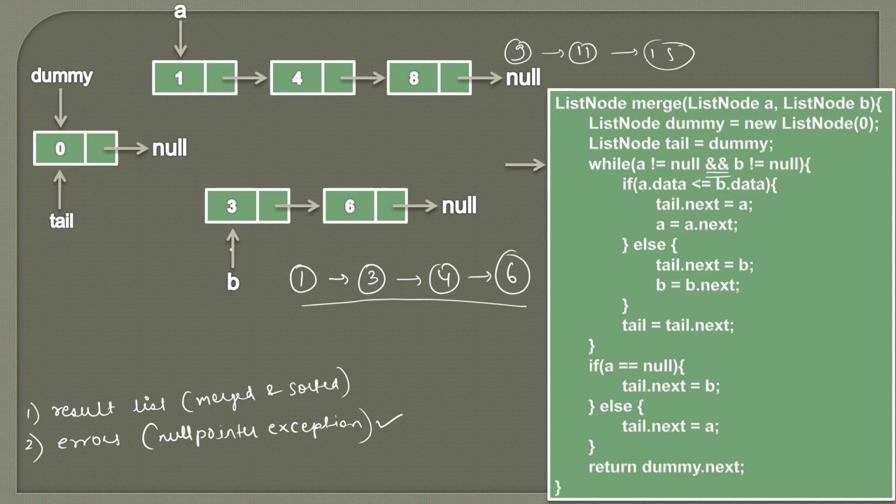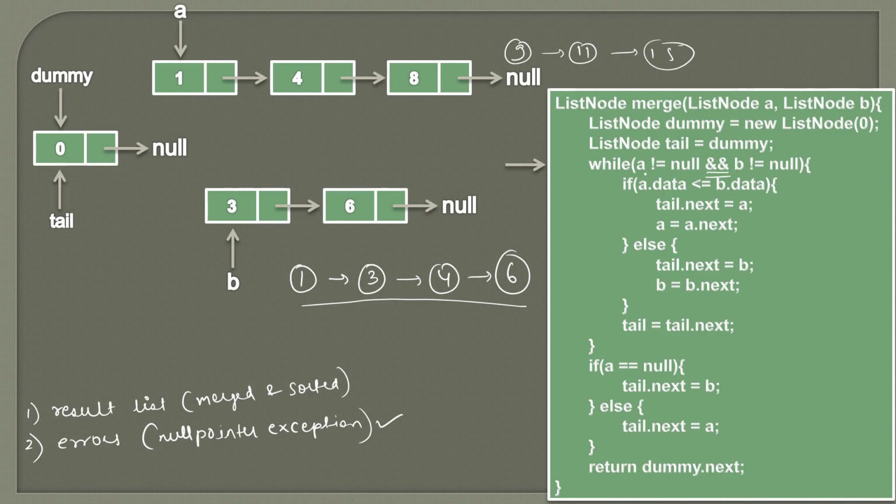So after 6, B has got exhausted. It means that after 6 there are no more nodes which can be compared with the rest of the elements of A like 8, 9, 11 and 15. So we simply break from this while loop because one of the lists got exhausted.